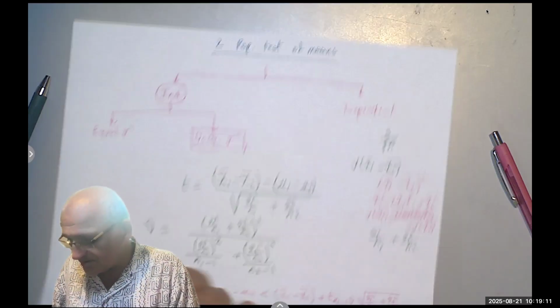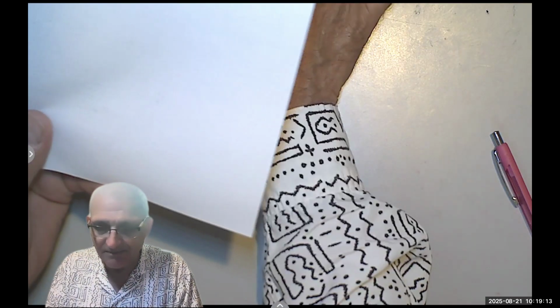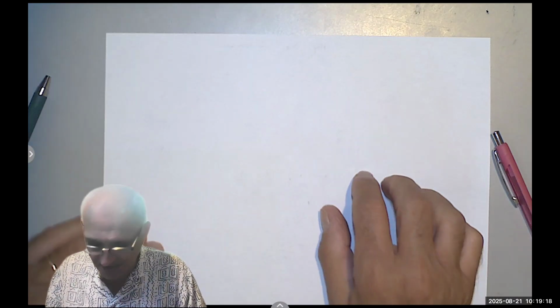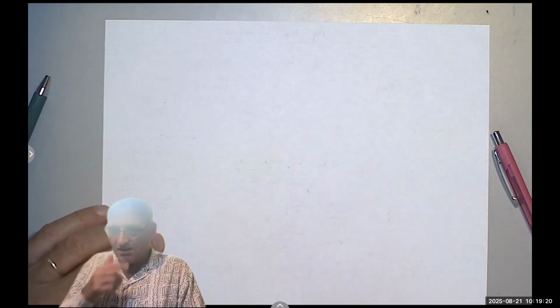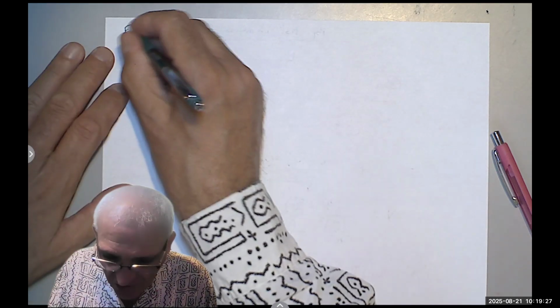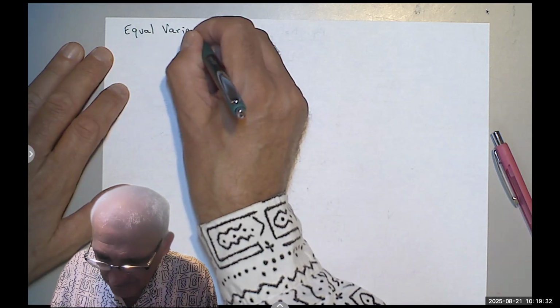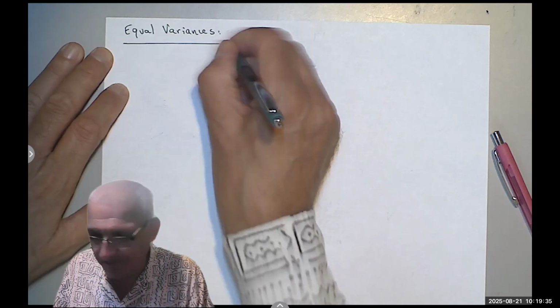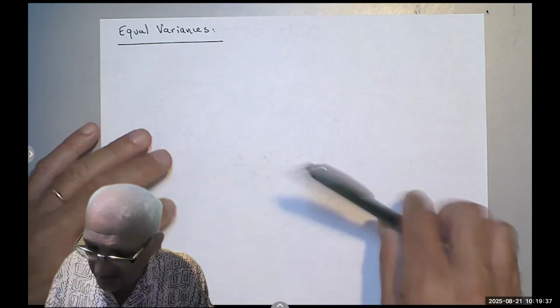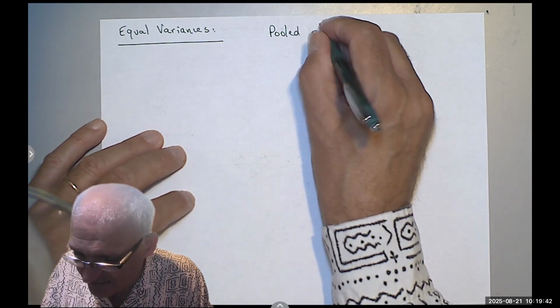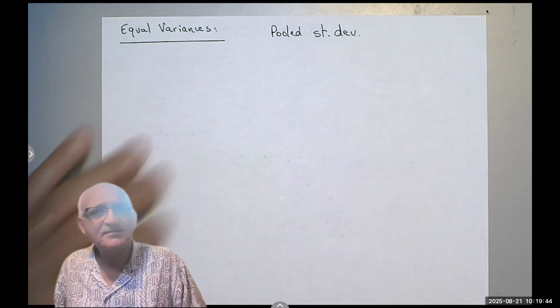But how about the equal variance? So for example, if I can assume that sigma 1 square equals sigma 2 square. In this case, the case of equal variances that we will not be using, I calculate something called the pooled variance or the pooled standard deviation. What is that?